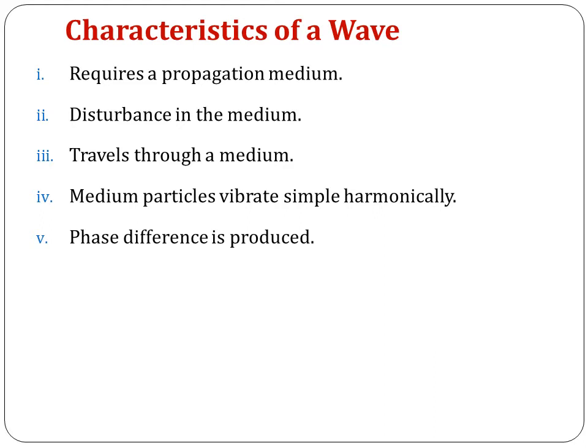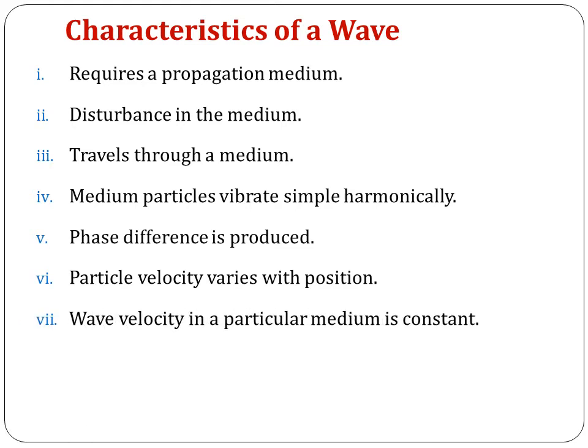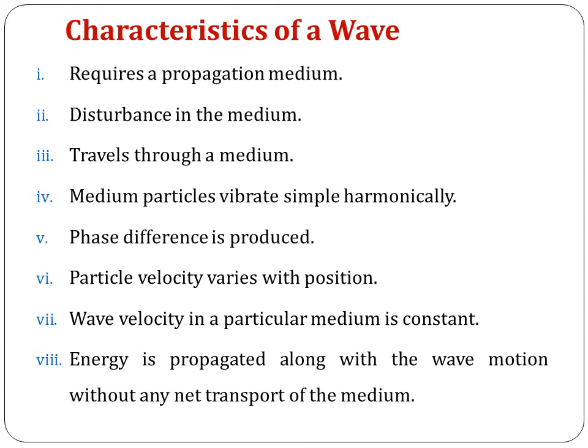A phase difference is produced amongst the successive particles of the medium. 6. The particle velocity during their vibration varies with position. 7. The wave velocity in a particular medium is constant and it depends only on the nature of the medium. And last of all, the energy also is propagated along with the wave motion without any net transport of the medium.